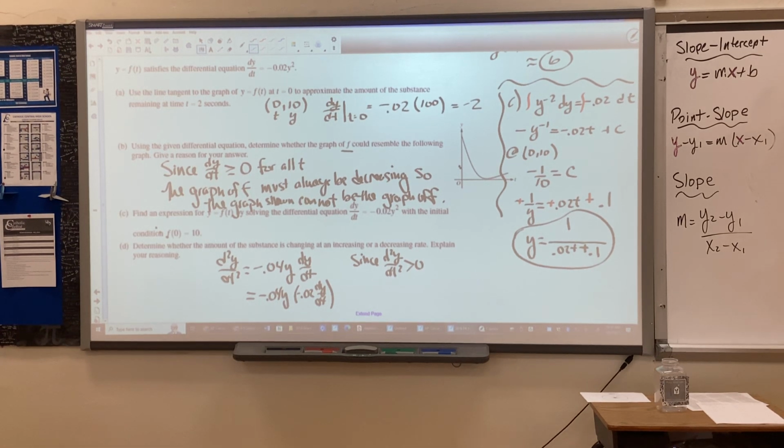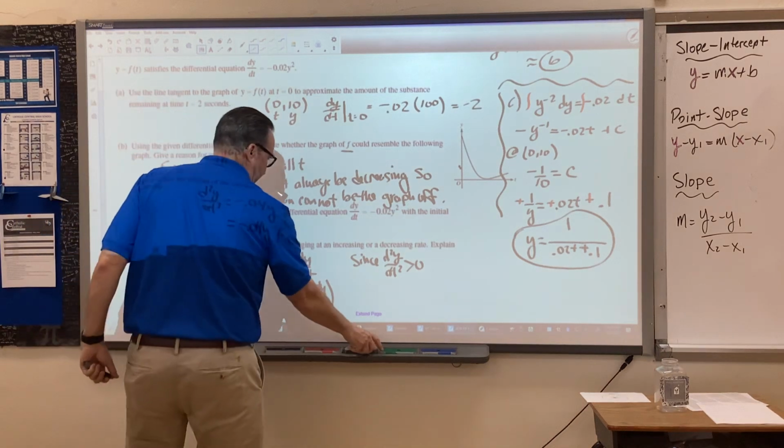The substance is changing. Why did you substitute negative 0.02 for dy/dt? Oh, it's y squared. Thank you. I could not figure that out.